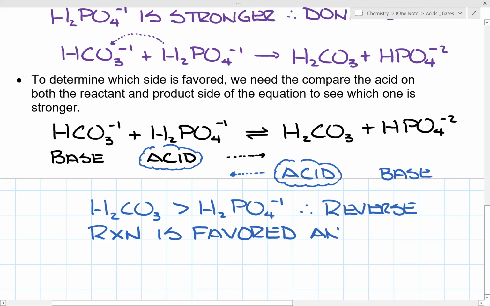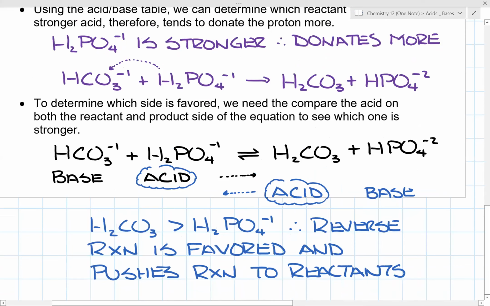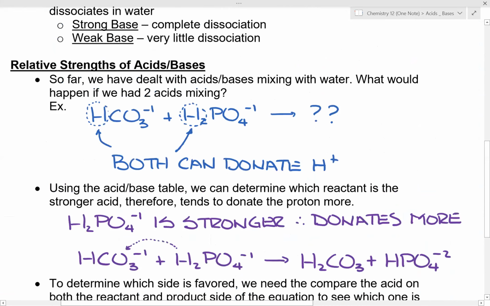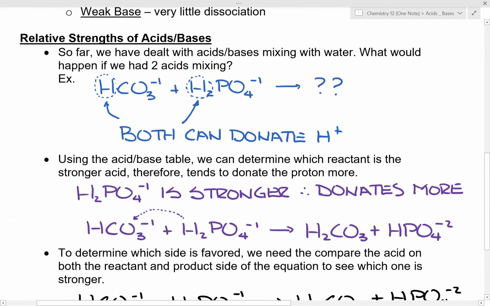And that pushes the reaction to the reactants. So when you're given a situation like this, we have to use the acid-base chart twice. Once is to figure out what our product is.